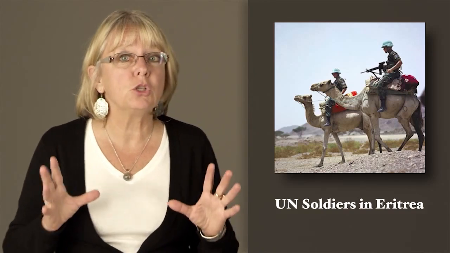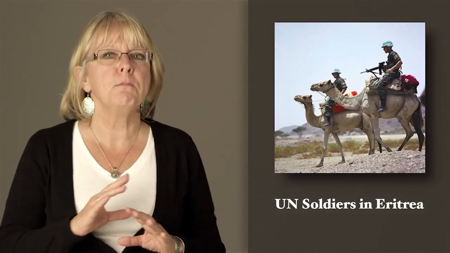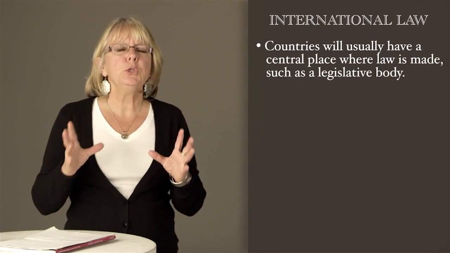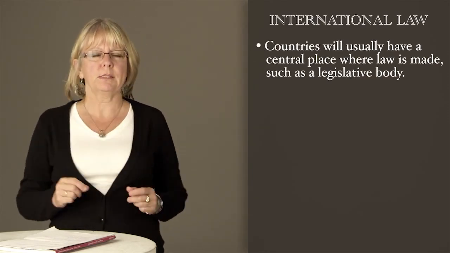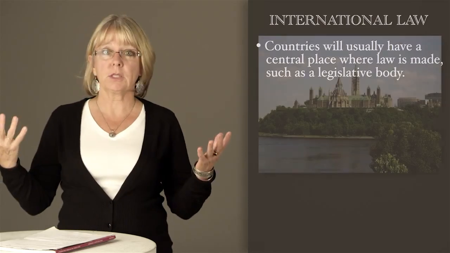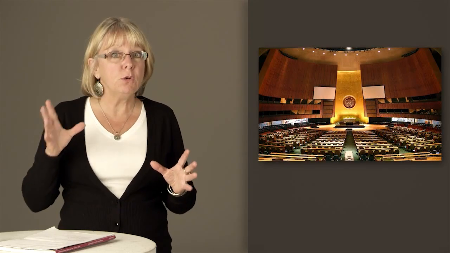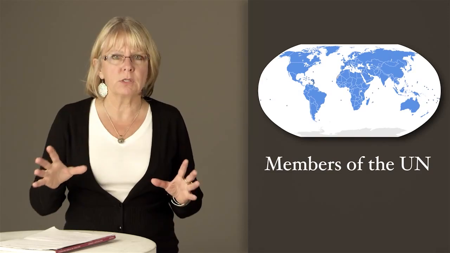Well, international law is distinctive in many ways. First of all, countries usually have a central place where law is made, such as a legislative body. In international law, however, there's no central place where international law is made or enforced. There's no chief parliament. However, the United Nations is an important central organization.